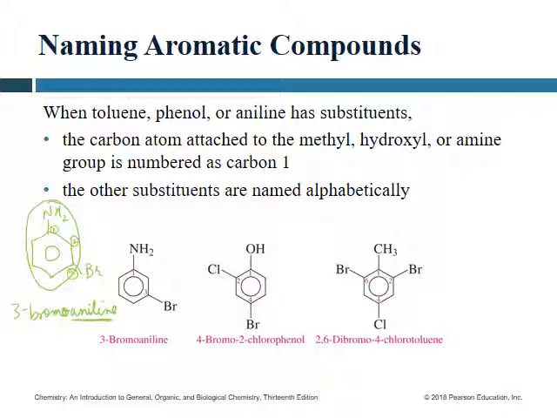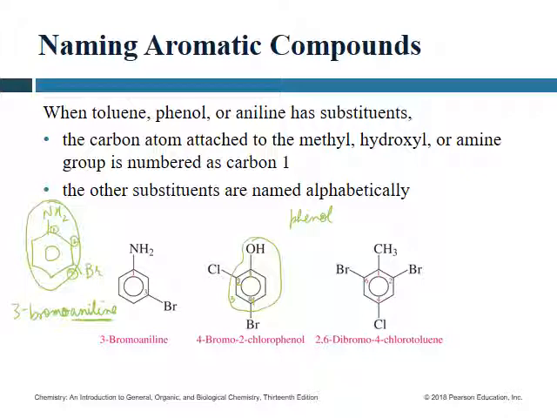Now if I'm naming the second compound right here, how would I name this? I see this is my parent chain. Whenever benzene has an OH group, or a hydroxy group, it is called phenol. So my parent chain will be called phenol, where this group is always given the carbon number 1. If this is 1, I would go this way, this is 2, this is 3, this is 4. Why did I go counterclockwise?